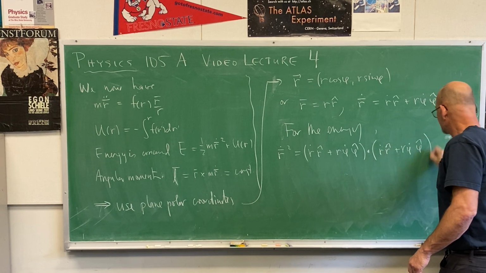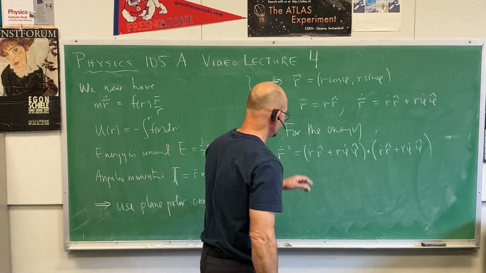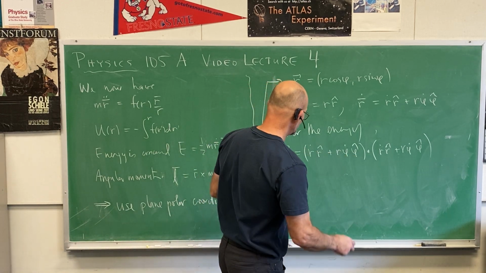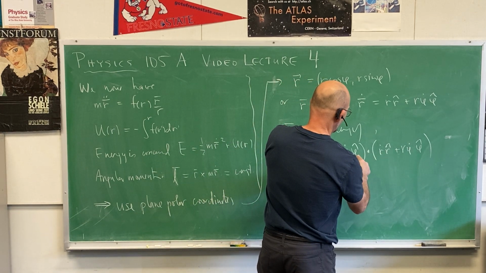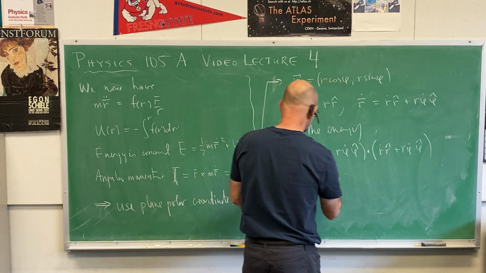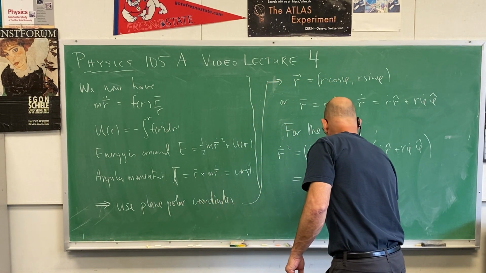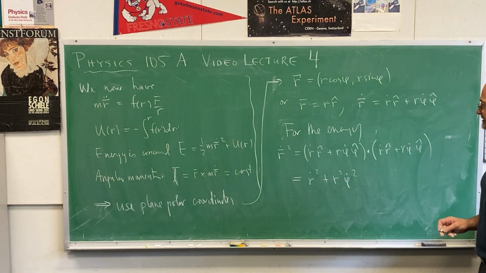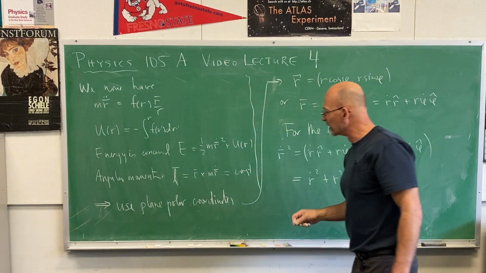And this is the beauty of these supposedly awkward expressions here. The cross terms vanish. Phi hat dotted into r hat vanishes. And so we're just getting r dot squared plus r squared phi dot squared. Multiply it by 1/2 m, and boom, we're in there.